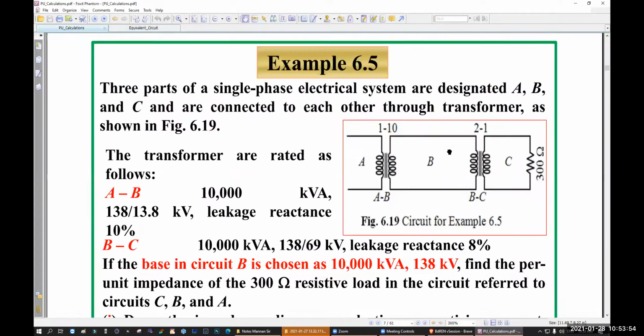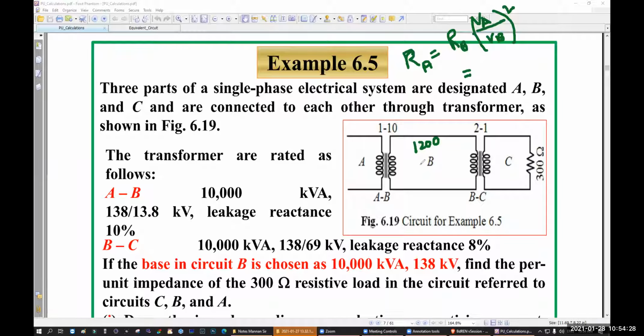So let's calculate. This one is 1200. So your Z, that is your R, this is 13.8. Or I can just write, this is our RA, because RA side, right? RA equal to RB into V of A over V of B, whole square.